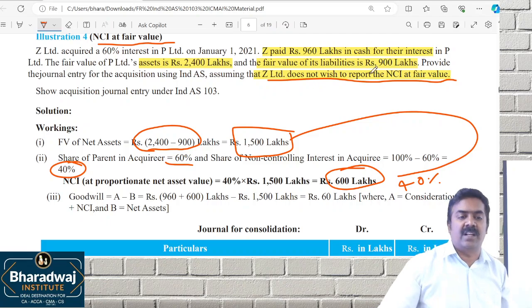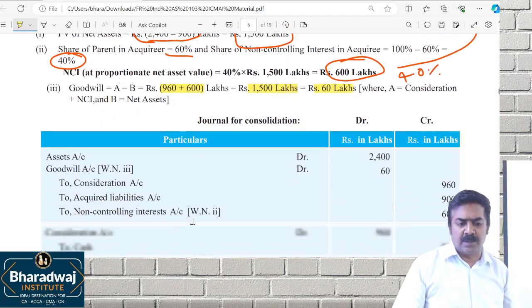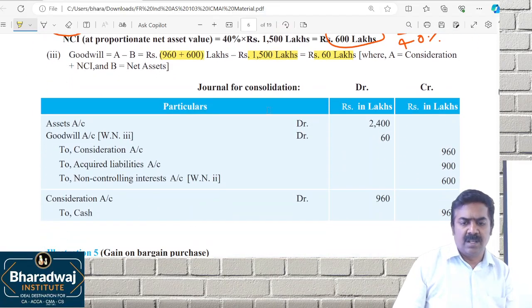How to find out goodwill or gain on bargain purchase? Consideration plus the NCA value minus net assets, so 60 lakhs. You can pass a journal entry also. Assets account debit 2,400 to consideration 960, to liabilities how much? 900.